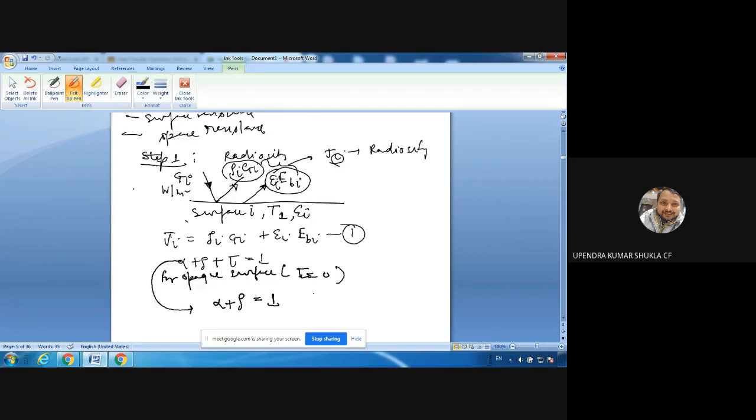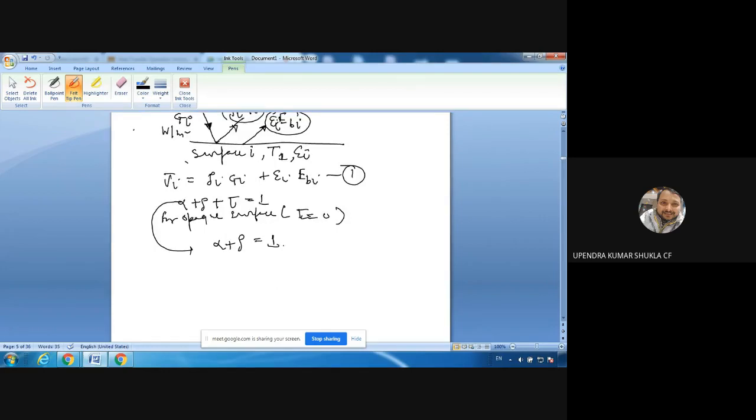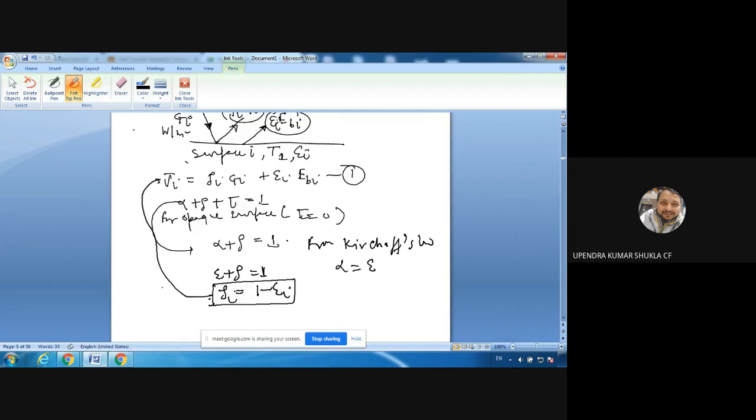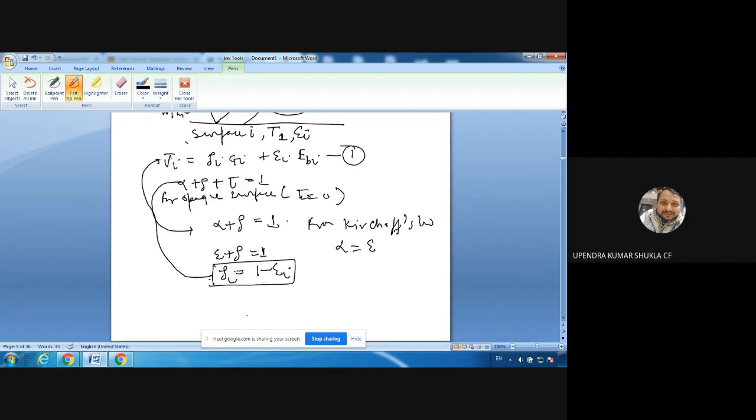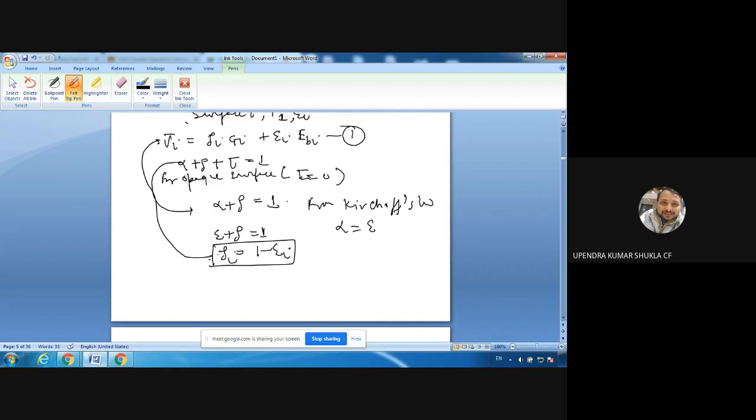But for a gray surface, we know from Kirchhoff's law that alpha is equal to epsilon. So this is epsilon plus rho is equal to 1, and hence rho is equal to 1 minus epsilon. For surface I, rho I is equal to 1 minus epsilon I, so that everything can be rewritten in terms of epsilon.